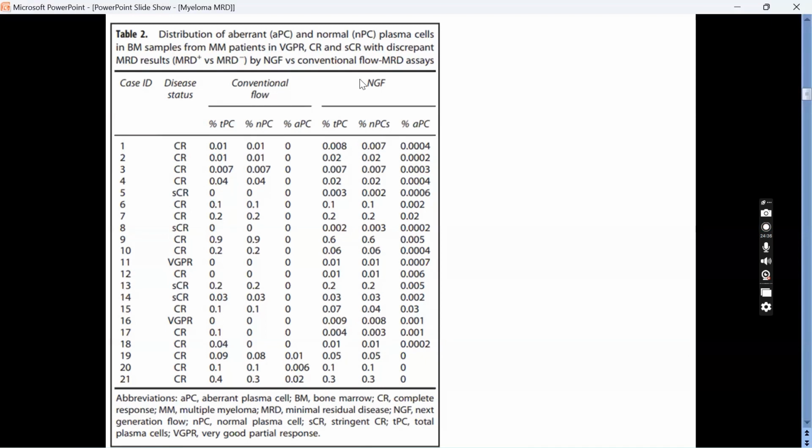So those who want to do MRD detection by flow cytometry, you need to acquire a minimum of 5 million events, and then you can claim that you are doing myeloma MRD by next generation flow. Anything less than 5 million, for example 2 million or 3 million, you may not be able to touch that sensitivity of 10 to the power of minus 6. You may reach up to 10 to the power of minus 4 or 10 to the power of minus 5, not beyond that. So that is the use of next generation flow cytometry.